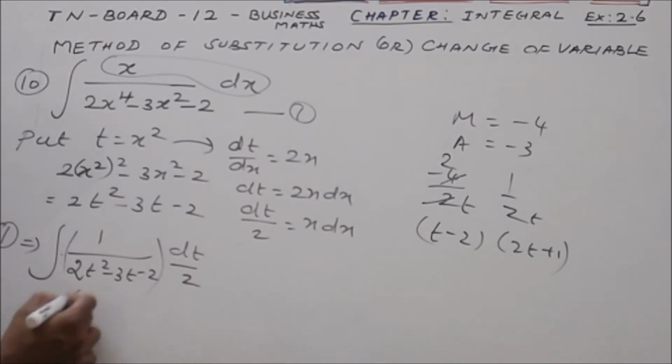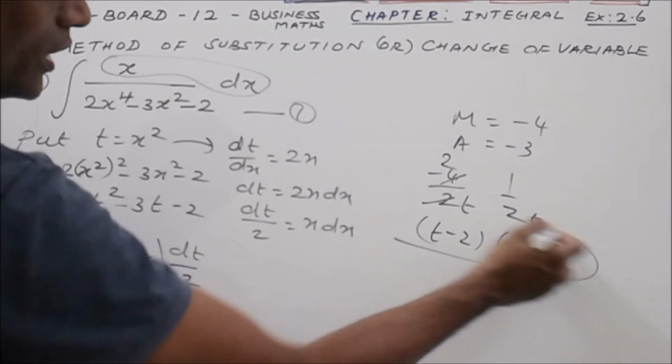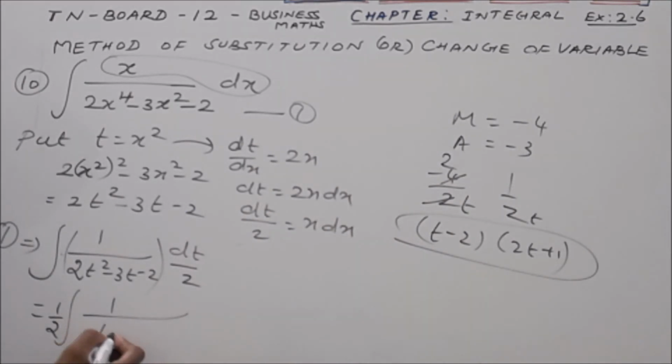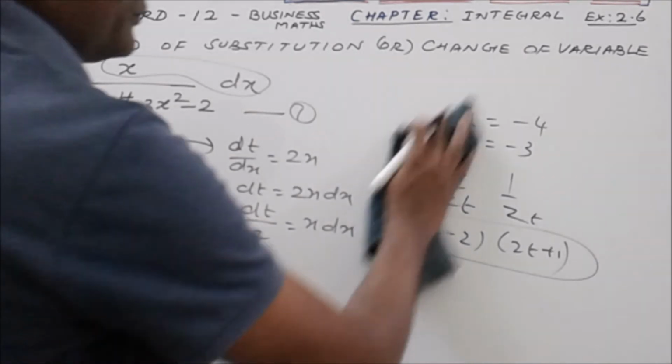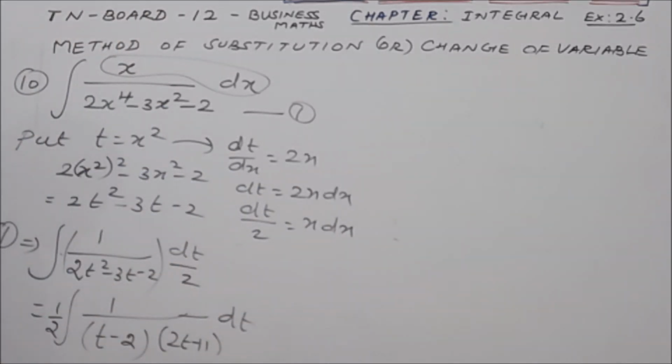So the integral, with 1 by 2 taken out as a constant, of 1 by 2t square minus 3t minus 2 will be equal to 1 by t minus 2 into 2t plus 1, dt. Now split the given fraction into two or more fractions.